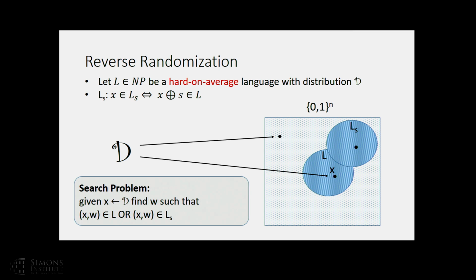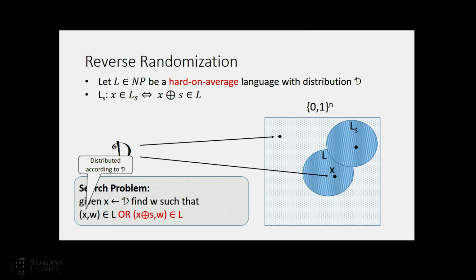And I went one step further, being total. What is the problem? Okay, so I'm going to write this differently. This is X XOR S in L. Okay, this is just the definition of L_S. And you can see that here you have an instance X that is sampled according to D. And D is the hard distribution.